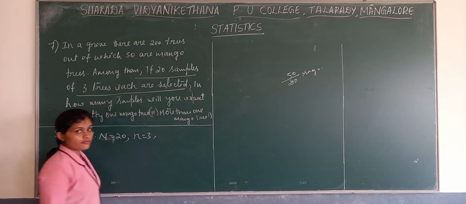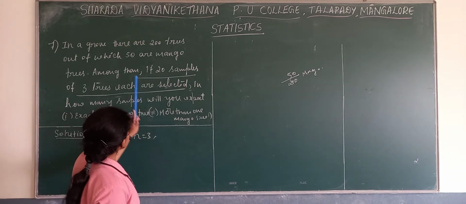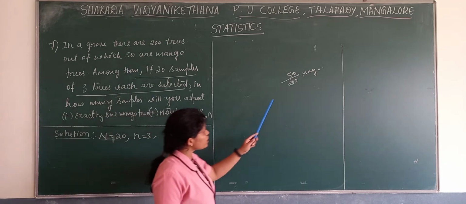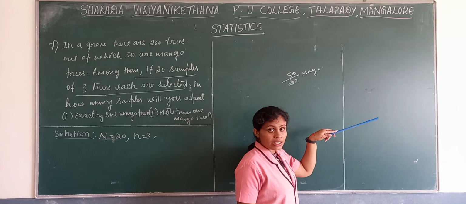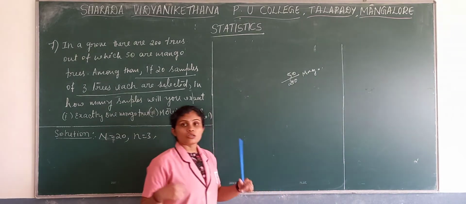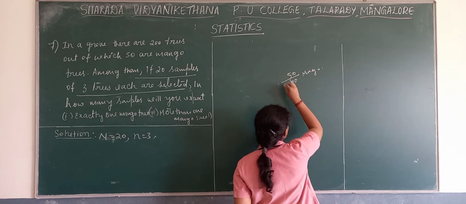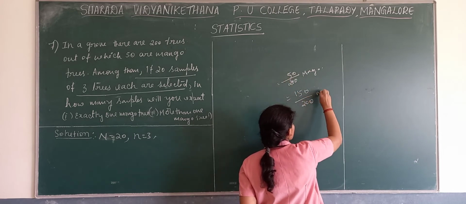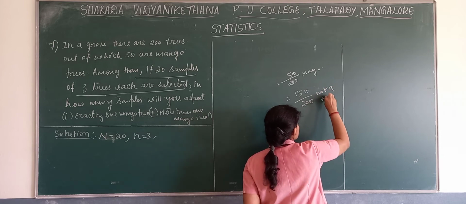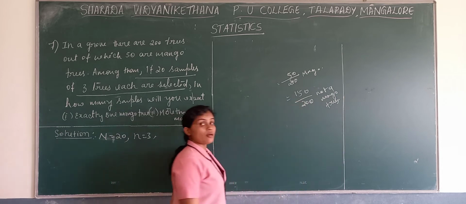Now next we need to write what is P and Q. Now it's about mango trees. What did they tell? Out of 200, 50 are mango trees. Then which are not mango trees? 150 are not mango trees.